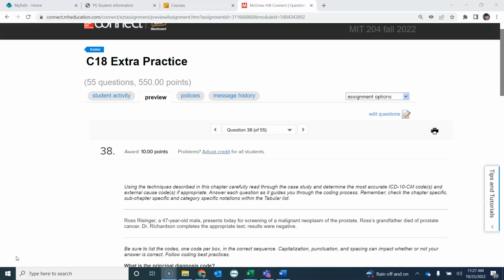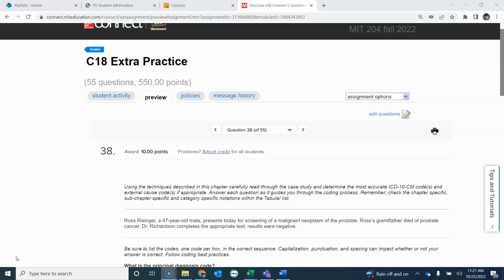Okay. But the way that you look that up is in your alphabetical index, look up history, then go to family, then go to malignant neoplasm, and in this case, his grandfather died of prostate cancer, so go under to where it says prostate, and you notice that's a Z80 code, Z80.42.